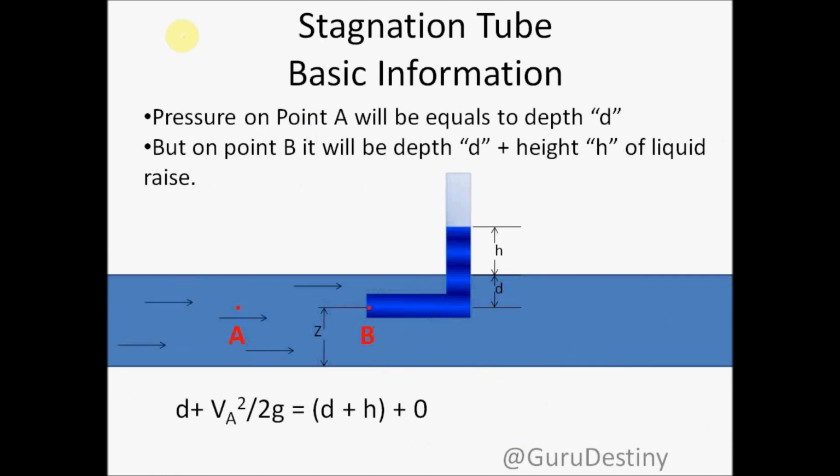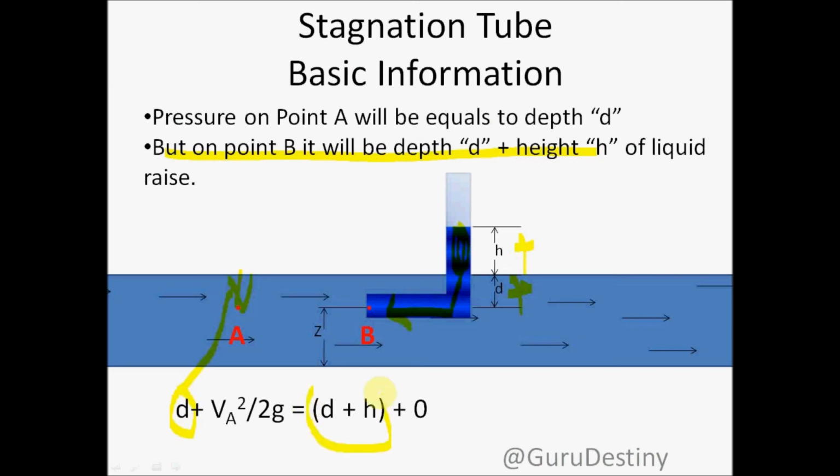The pressure at point A will be equal to its depth from the top, so this is only d pressure, but at point B it will be d plus h because this liquid also creates a pressure on point B. So for point A we consider only depth, and for point B, depth plus the height of the liquid.